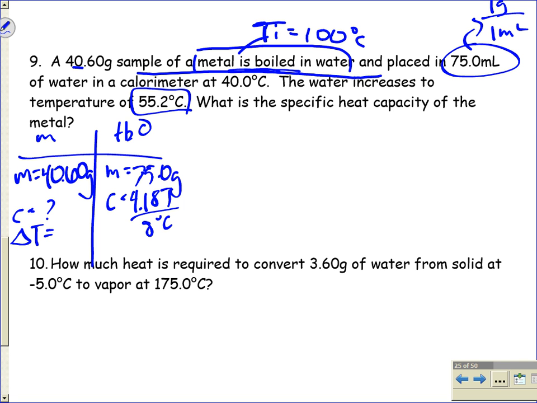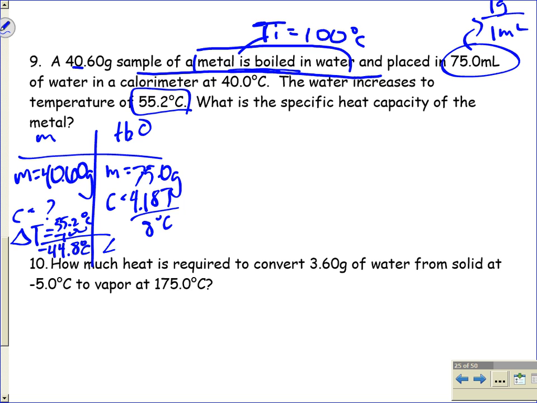Everybody ends at thermal equilibrium, meaning the water in the calorimeter and the metal both end at 55.2. So you're doing what minus what? 55.2 minus 100, which is what? 44.8, right? Okay, just making sure, mental math. So that's our delta T for the metal.